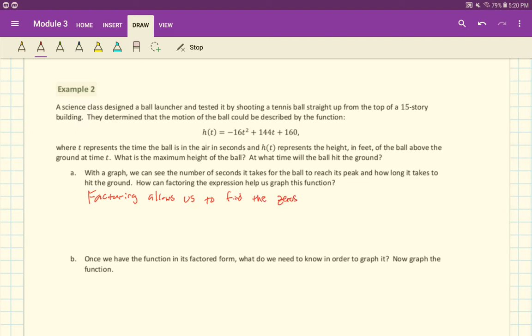And remember, once we have the zeros, we can use symmetry to find the vertex and any additional points.